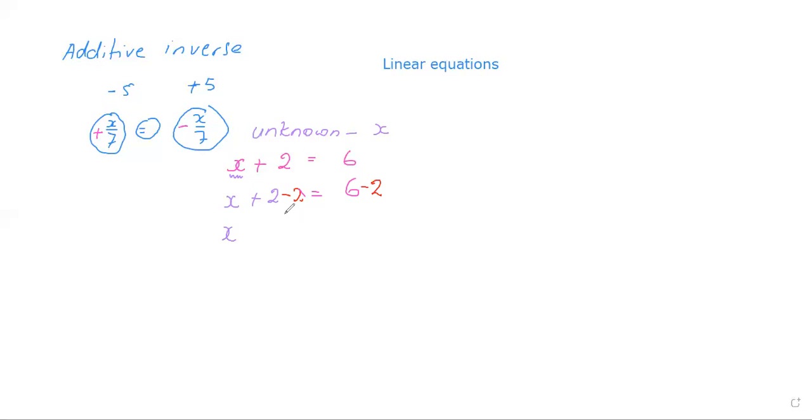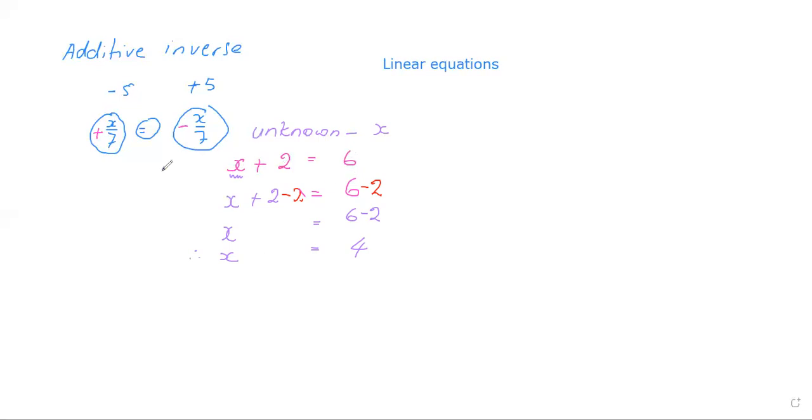The sum of a number to its additive inverse is 0. And then you'll have 6 minus a 2, which is a 4. Therefore, your x is equal to a 4. Quick check, 4 plus 2 is 6, which is correct.